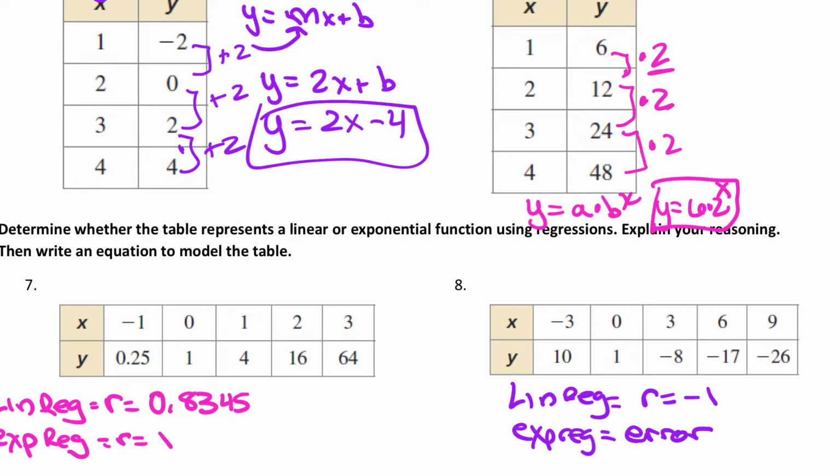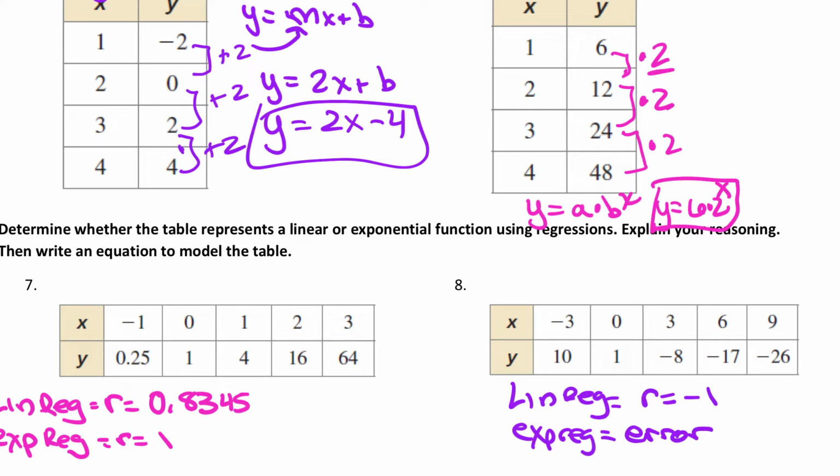Okay, for the next two questions, they want us to use our graphing calculator to determine the regression values. So for question 7, I determined that the linear regression R value was 0.8345, and then my exponential regression R value was 1.